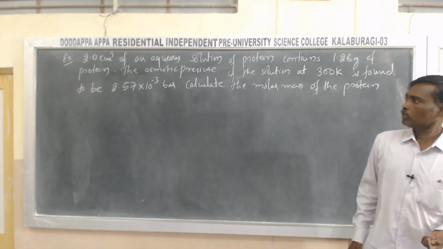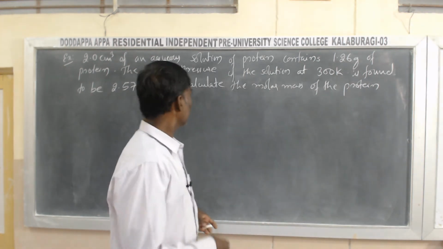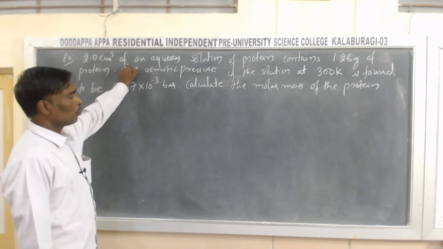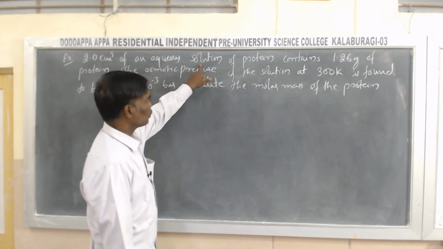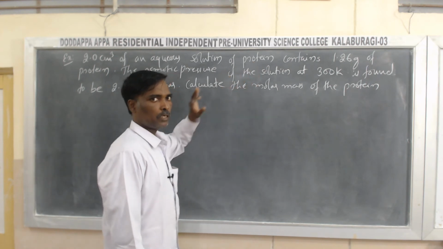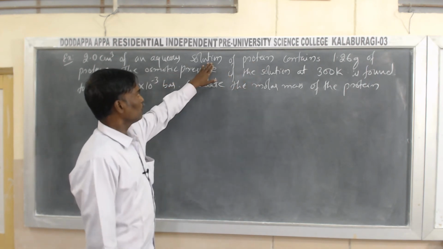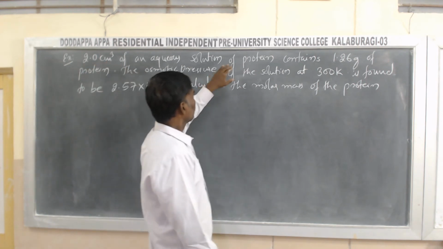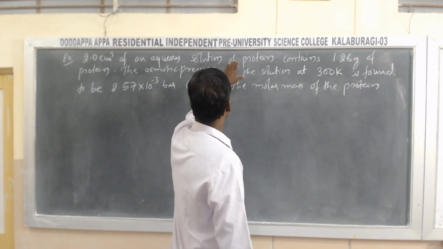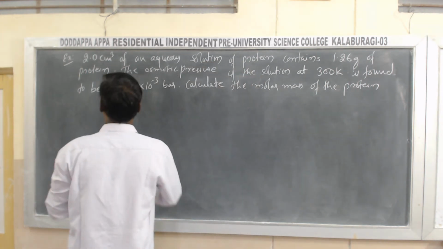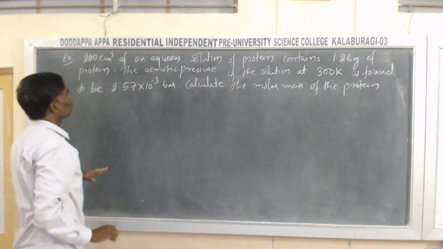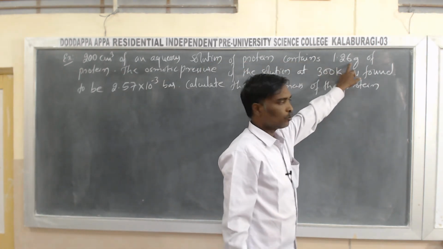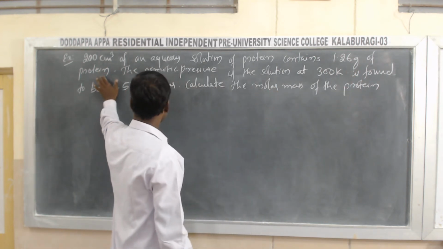Here students, I wrote an example. Let me read that. 200 cubic centimeter of an aqueous solution of protein contains 1.26 gram of protein.